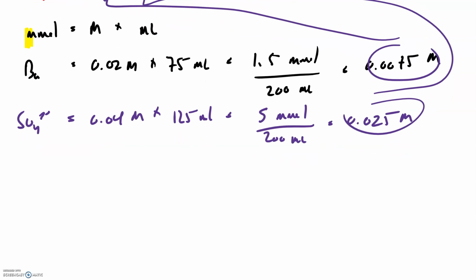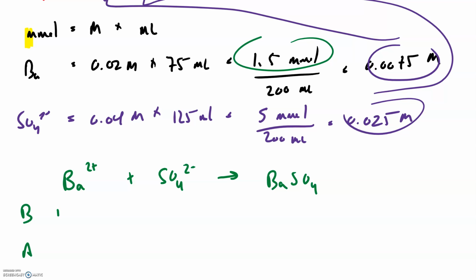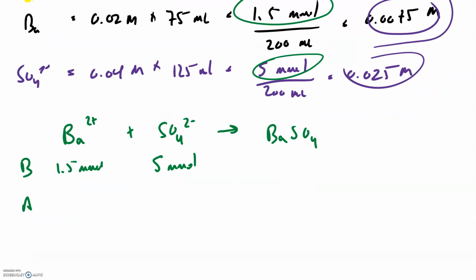So what's going to happen in this precipitation? Let's do a before and after table. We know that barium is going to combine with sulfate to make barium sulfate. When we started, we had 1.5 millimoles of barium and 5 millimoles of sulfate.